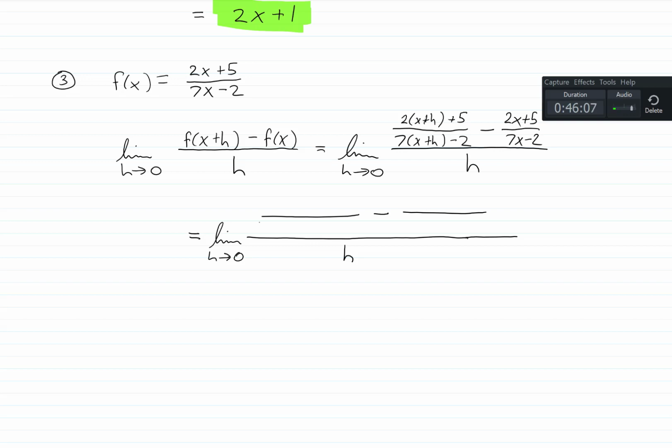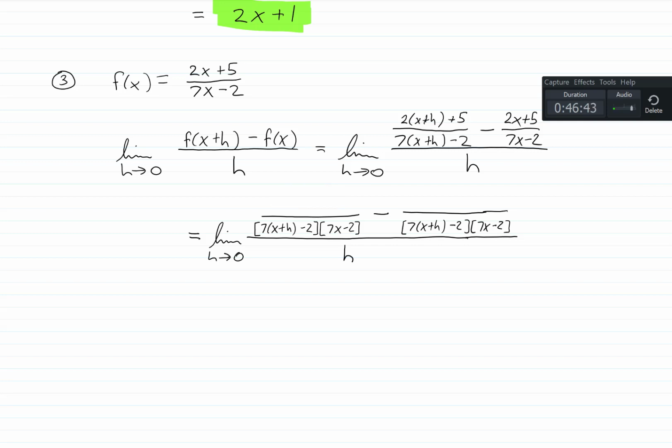Our common denominator is going to be 7x plus h minus 2 times 7x minus 2. That's going to be our common denominator. So, what needs to go up here?